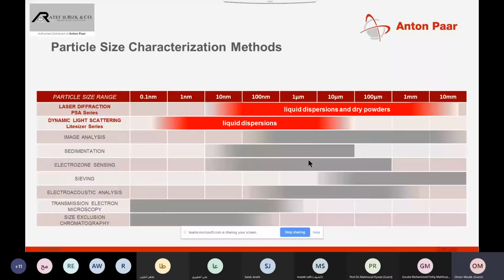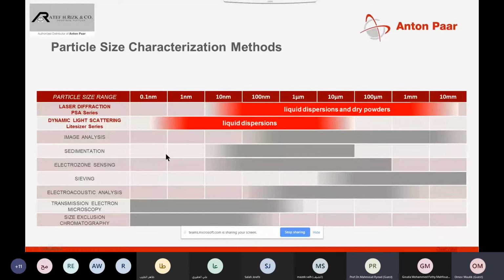When you talk about the different methods to measure particles, some of you might have attended our last session on the laser diffraction technique, where we saw that laser diffraction is mainly useful in measuring micron sized particles. With dynamic light scattering, the usual range of particle size measurement is from 0.3 nanometers to 10 micrometers.